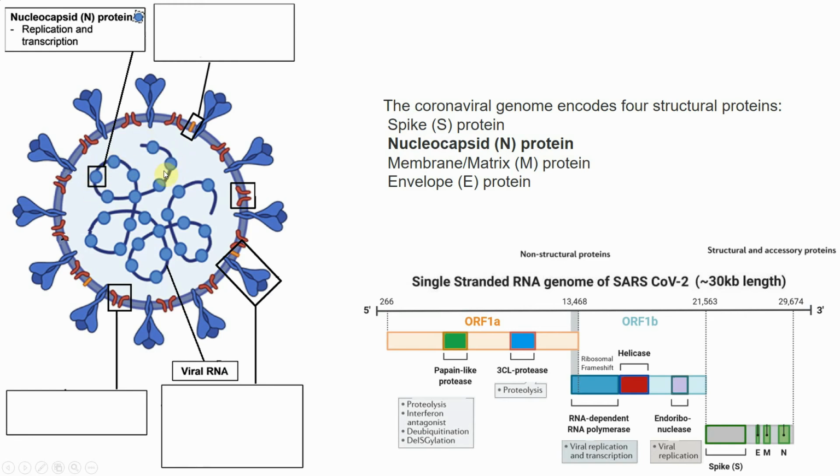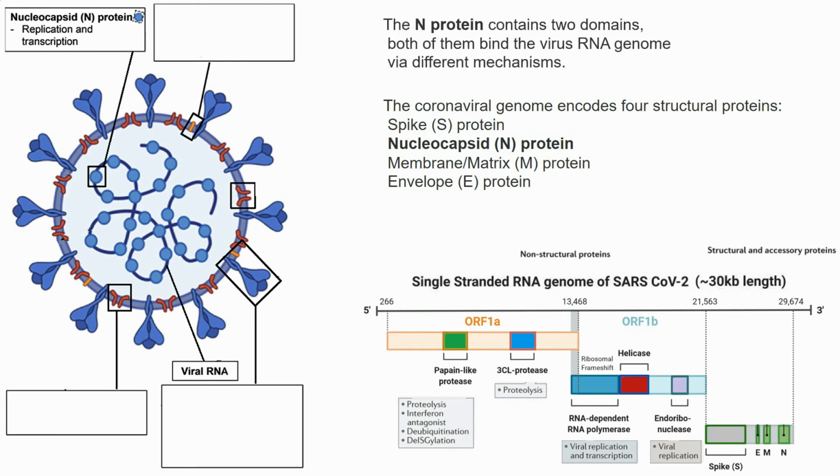This protein has two segments, and both can bind to the positive RNA. The nucleocapsid protein helps replication and transcription, and it has two domains, and both domains can bind to the RNA.